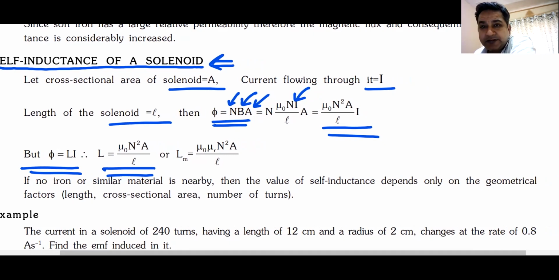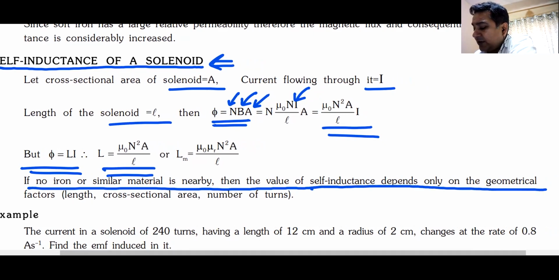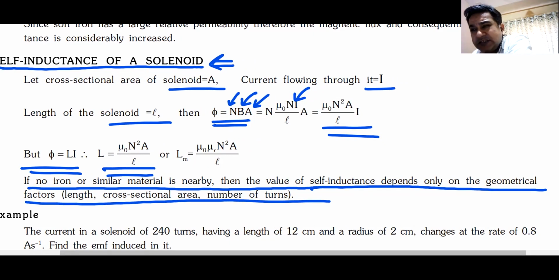What are the factors on which it depends? If no iron or similar materials are nearby, that means if it is vacuum, the self-inductance only depends on geometrical factors: length, cross-sectional area, and number of turns. If the medium is different, then it also depends on the medium surrounding it. Am I clear?